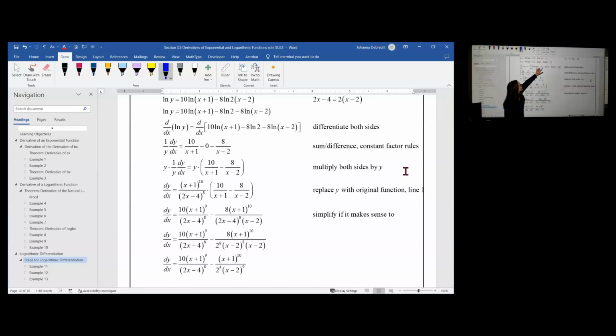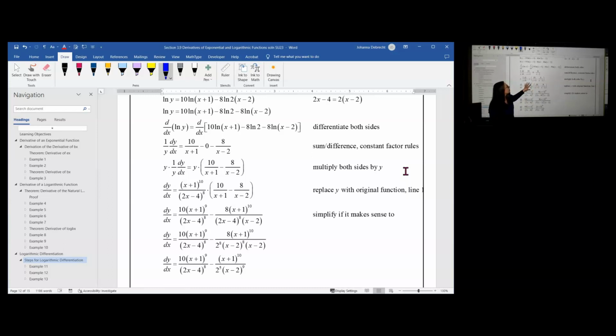The derivative of natural log of x plus 1 is 1 over x plus 1 times the constant 10 times the derivative of x plus 1, which is 1. The derivative of -8 natural log of 2, since it's a constant, is 0. And we apply the derivative formula to -8 natural log of x minus 2 to get -8 divided by x minus 2. Then we're going to multiply both sides of the equation by y.